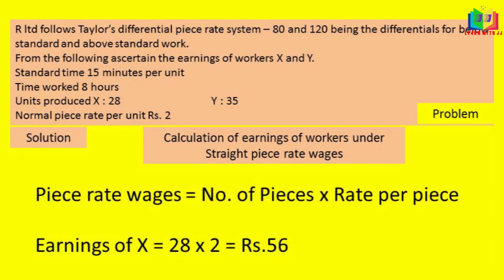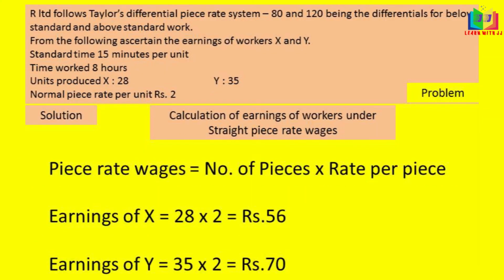That is the earnings of worker X under straight piece rate. For worker Y, the units produced are 35 and the rate per piece is 2 rupees, so he'll get rupees 70. These are the earnings of X and Y under straight piece rate system.